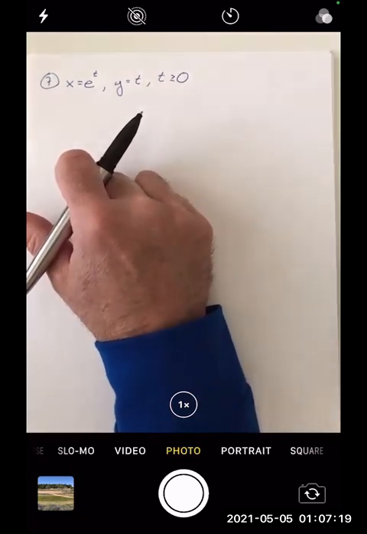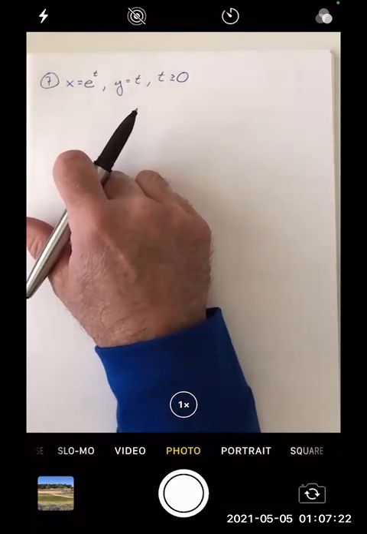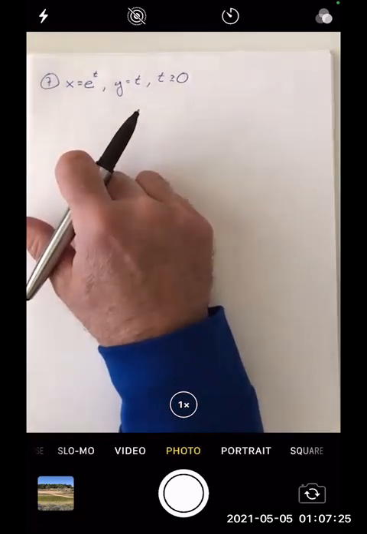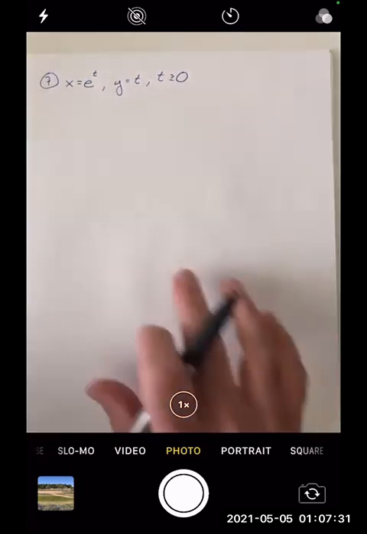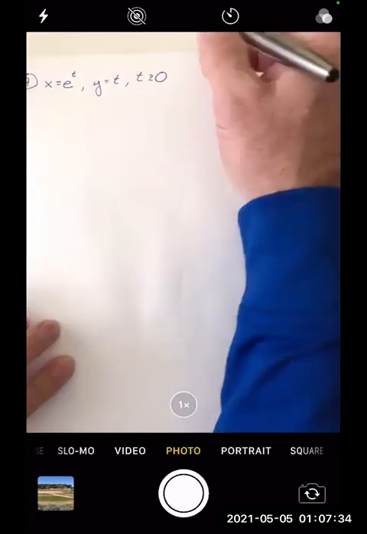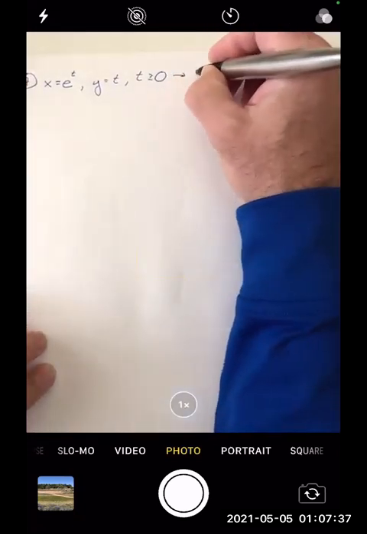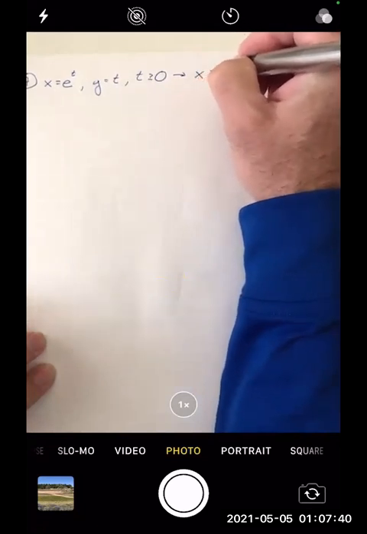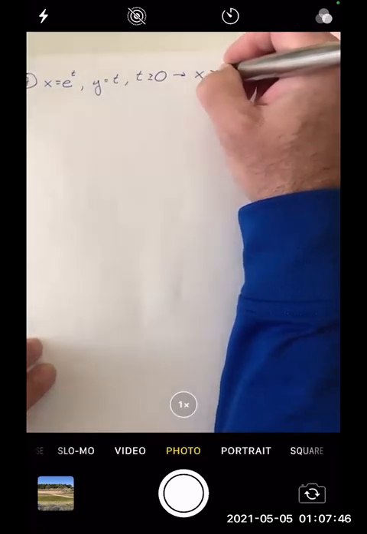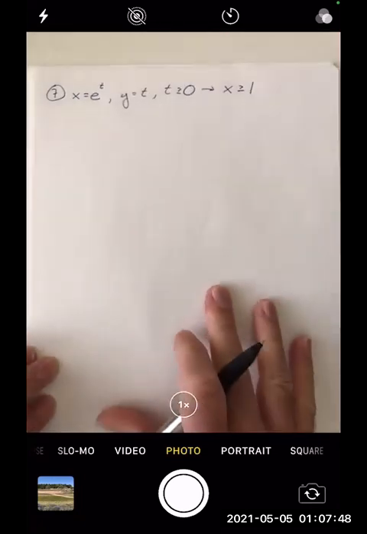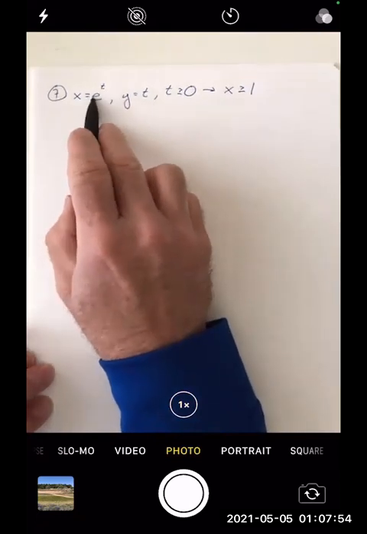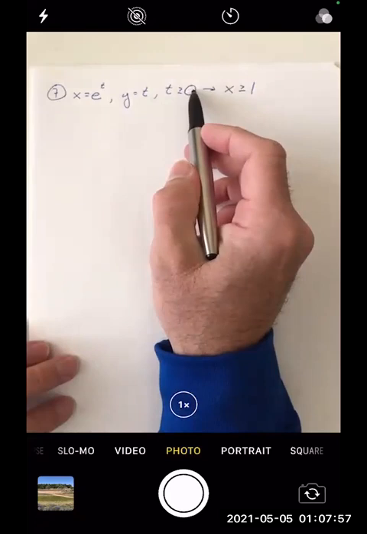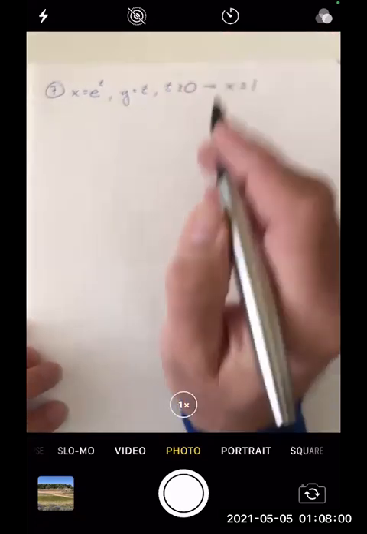Do we have to leave out 0? x has to be greater than or equal to 1, right? Yeah. So 0 is the smallest number you can plug in for t. She's right, because e to the 0 is just 1. And then as t gets bigger, x is going to get bigger and bigger.